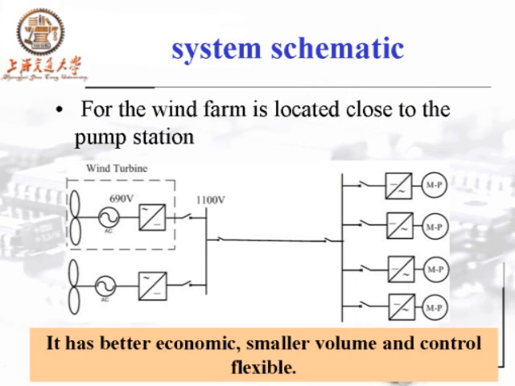And if the wind farm is located close to the pump station, we can use a multiple DC network like this. This connection has better economics, smaller volume, and flexible control.